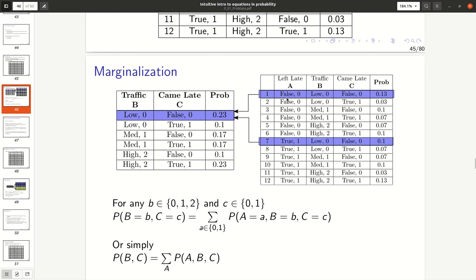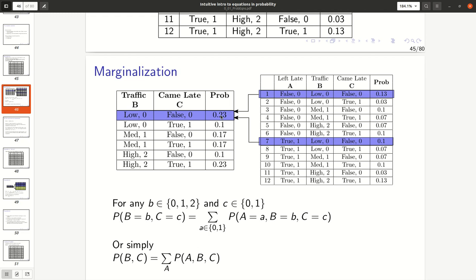This corresponds to two rows in the original table as shown in the picture. In these two rows, B and C remain fixed and only A has changed. So we add these two rows and fill the value of the new table. By doing so, we have ignored the influence of A on the probability.